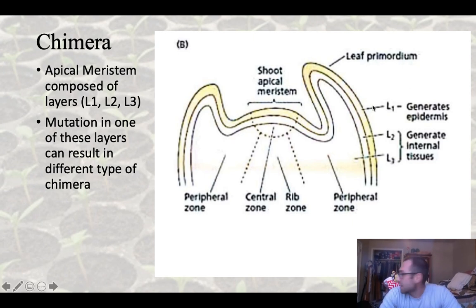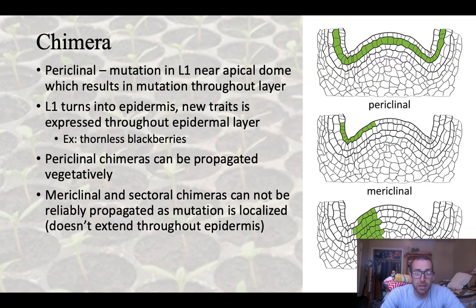So depending on where a mutation occurs in these tissues will result in a different type of chimera. Most importantly, if that mutation develops in this L1 area, what we refer to as a periclinal chimera, that mutation is going to occur throughout the epidermis, and it's going to result in certain characteristics, like thornless blackberries, right?